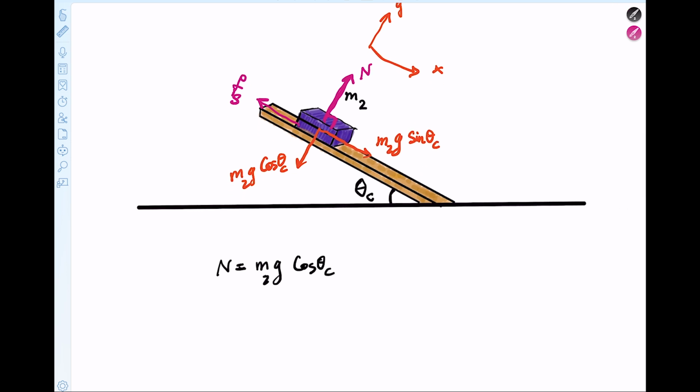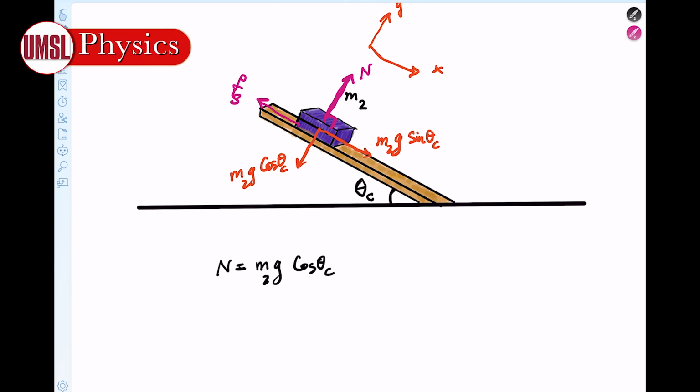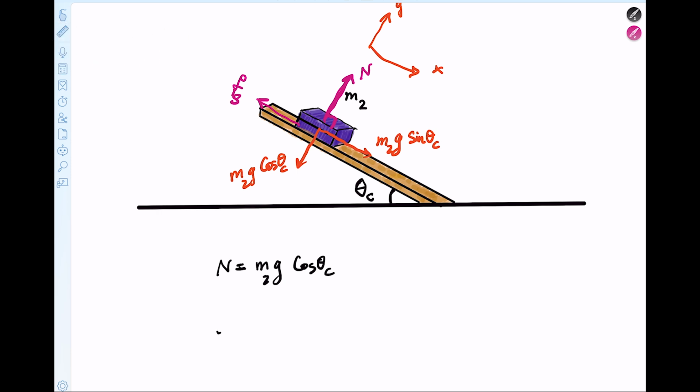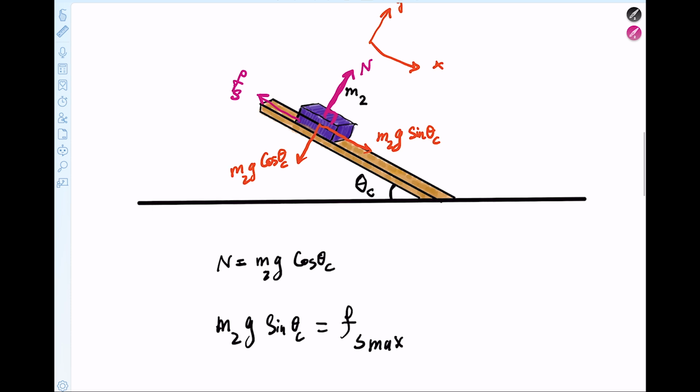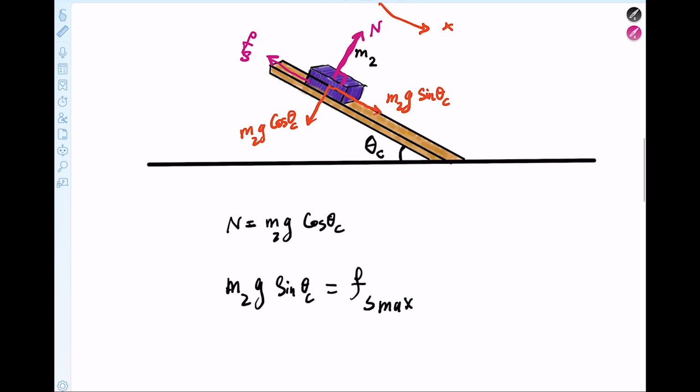If you keep increasing theta, at some point the object starts to slide down. That minimum required angle is called theta C, or theta critical. At that point, M2G sine theta C is equal to Fs max, the maximum static friction.